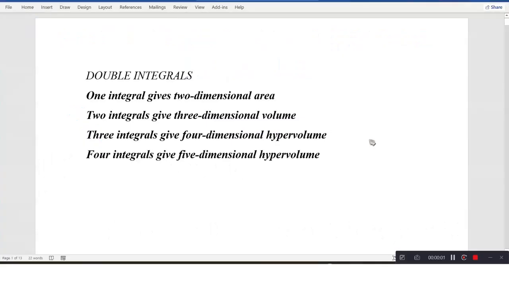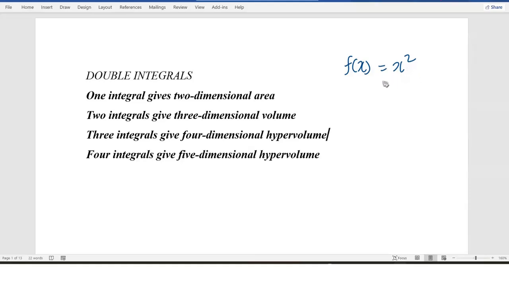Hello friends, in this discussion we are going to look at double integrals. Now we must understand that integration is one way of finding area under a curve, between a function, for example, f of x equal to x squared, between this curve and the x-axis.